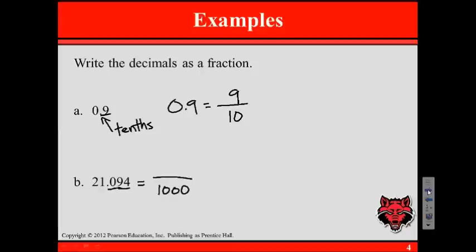The numerator, just like before, we write the entire number that we see from the decimal representation. 21094. We're going to write what we had without the decimal. The decimal is taken care of by rewriting this as a fraction. And so we have 21,094 all over 1,000.